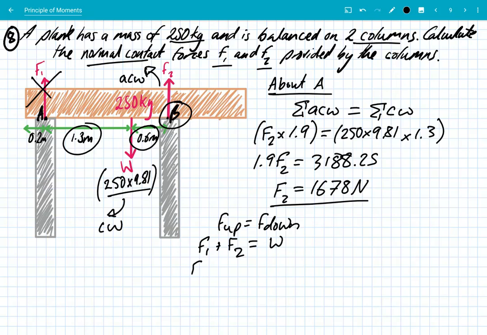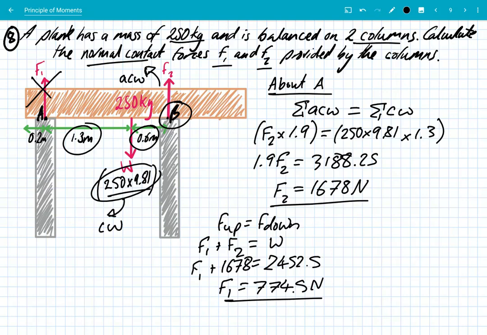So I can say F1 plus 1678, which is F2, is equal to the weight, which is 250 times 9.81, which is 2,452.5. Therefore, F1 is simply 774.5 newtons. I want to re-emphasize, I could have just done moments about B and repeated the process, but this is a little bit quicker.